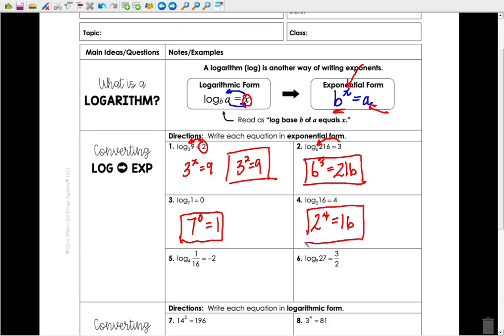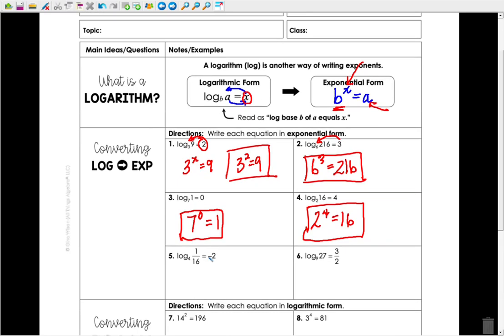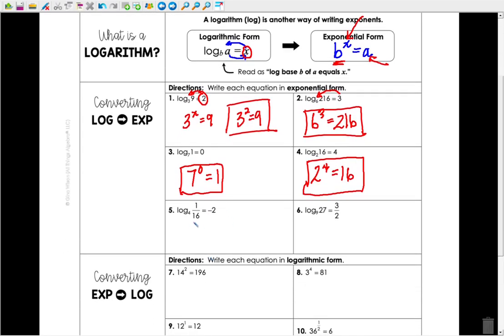Look at what happens when you have a fraction. If you recall from simplifying exponential functions, when you have a fractional value, there was a negative exponent involved. This is actually found to be true when you're looking at logarithmic functions, because 4 to the power of negative 2 is equal to 1 over 16.